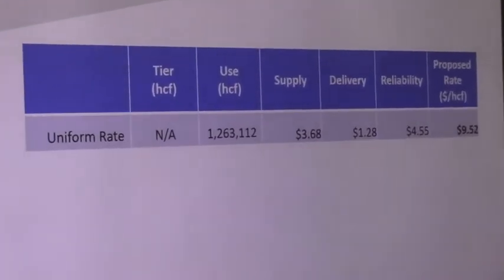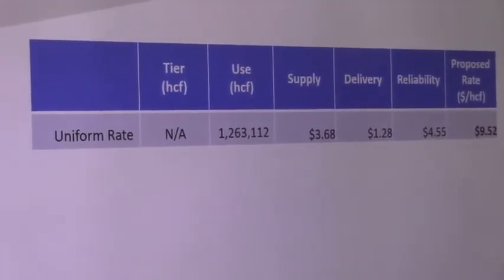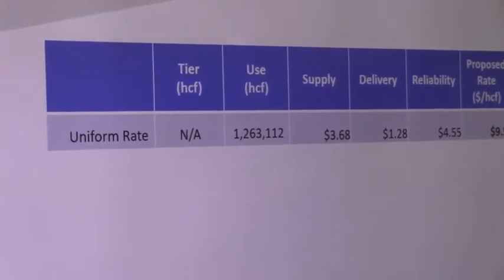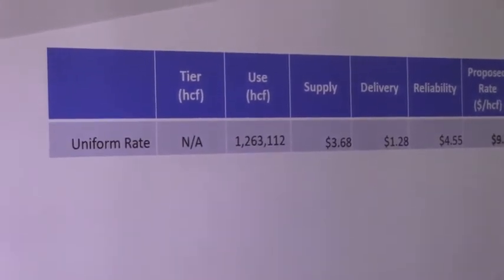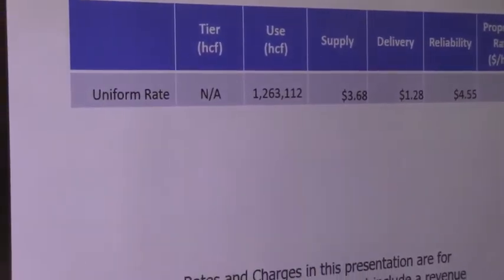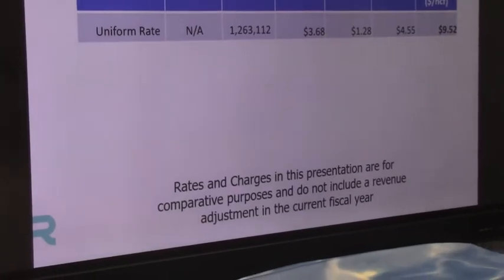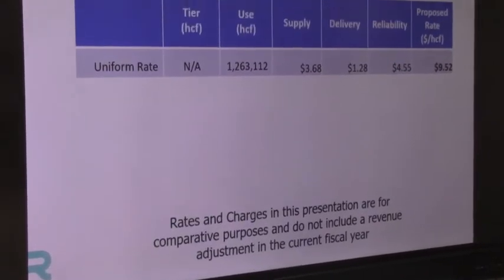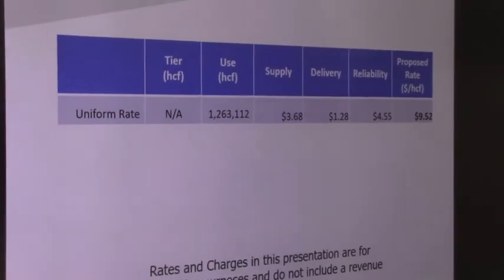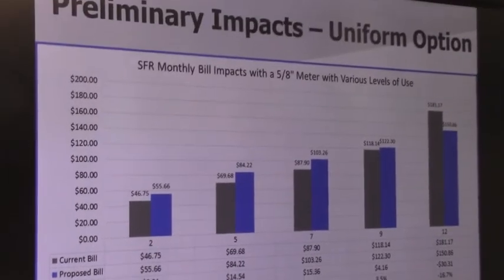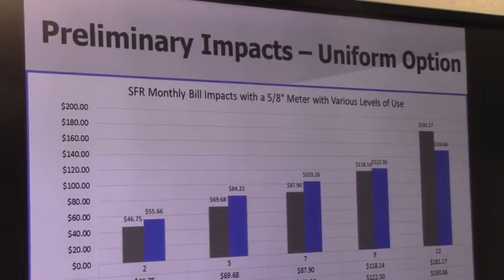The other one we had them look at is what happens if we just put everybody on a uniform rate and didn't do 2 tiers. It doesn't send the conservation signal that we would like to send to our customers as much, I don't think. But they're still being charged based on the amount of water they use. And that's where, again, that kind of benefits your higher users.